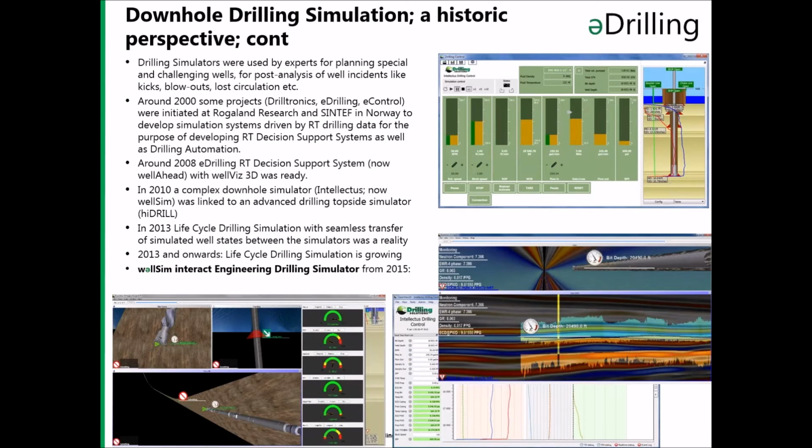Then in 2013, the first full life cycle drilling simulation system was developed and delivered, and from then on, utilizing this concept, life cycle drilling simulation has been growing in the industry.